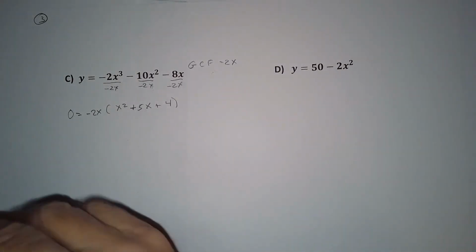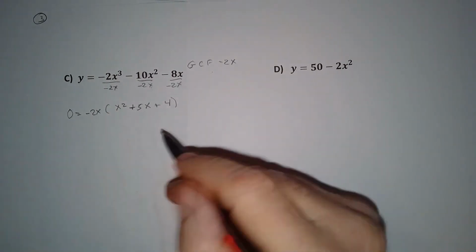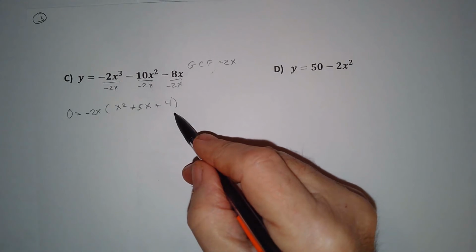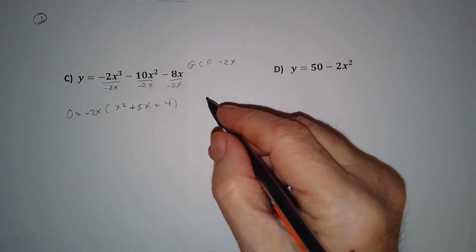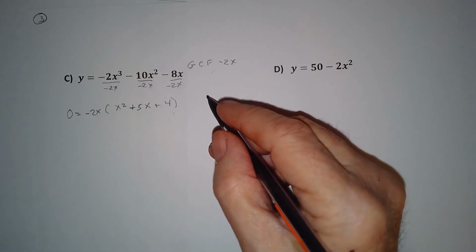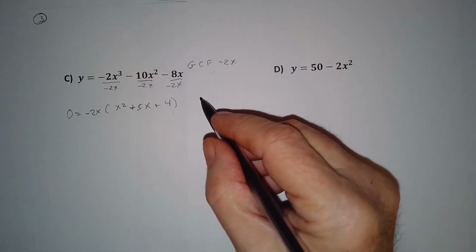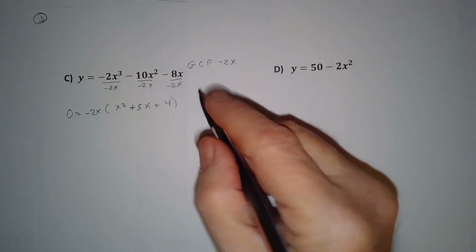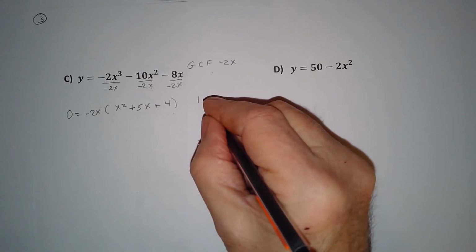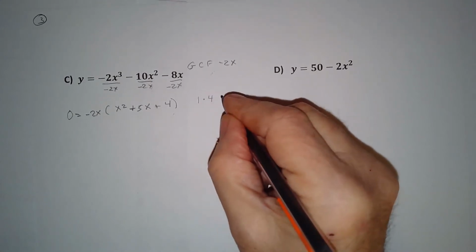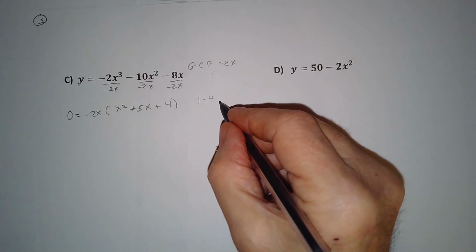All right, so now I want to know what times what equals 4 that when added together equals 5. Well, let's see. 2 times 2 is 4, but when you add together 2 and 2, you get 4. You don't want that. So how about 1 times 4? 1 times 4 equals 4, right?